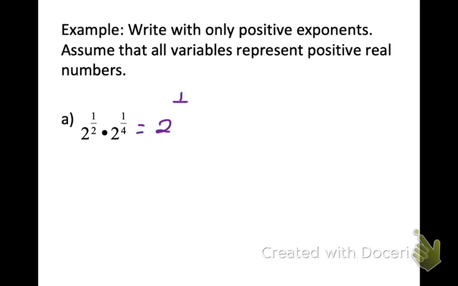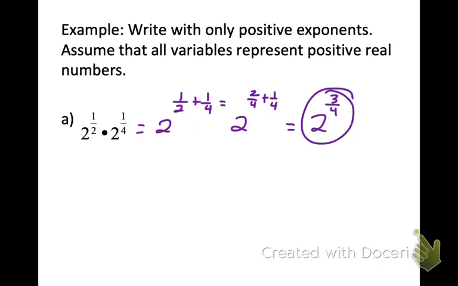We're going to do 1/2 plus 1/4, which is the same as 2/4 plus 1/4, which is 3/4. So 2 to the 3/4. Do they want it converted? Nope, they leave it there.